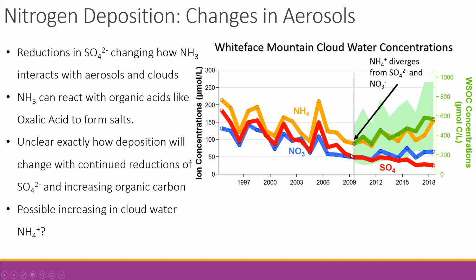However, around 2009, ammonium seems to diverge from sulfate, almost in collaboration with water-soluble organic carbon. It has been shown that ammonium can react with organic carbon compounds like organic acids, such as oxalic acid, to form salts. So the way that ammonium is interacting with the aerosol phase seems to be changing.